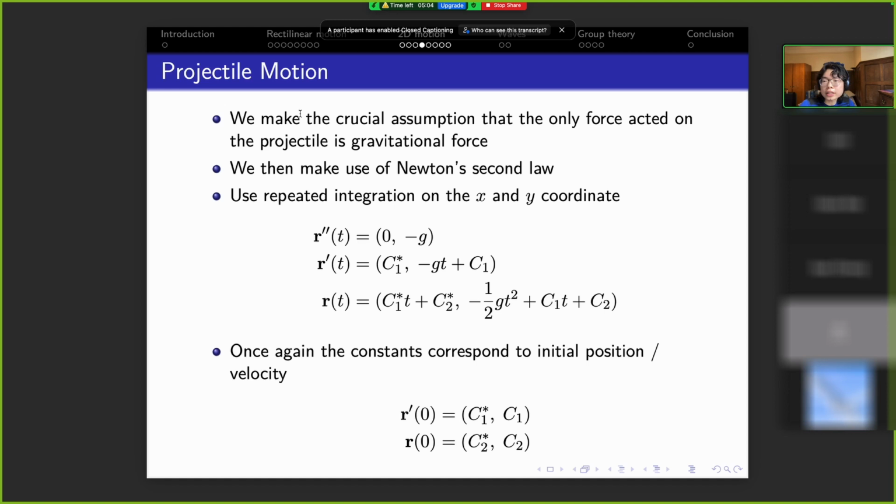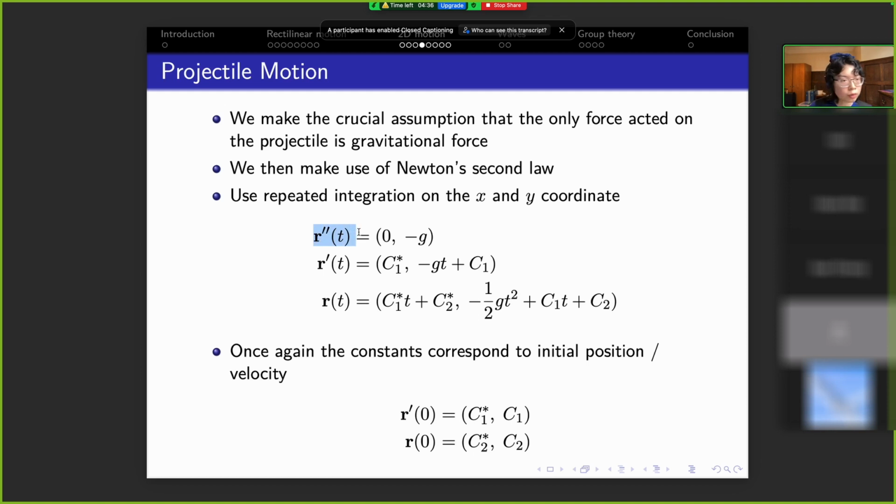So again, the idea is that assuming the force is constant is extremely important, and this is true in projectile motion as well. For projectile motion, we make the assumption that the acceleration, which is the second derivative of r with respect to time, this is just a notational thing, this means the first derivative of r with respect to time.